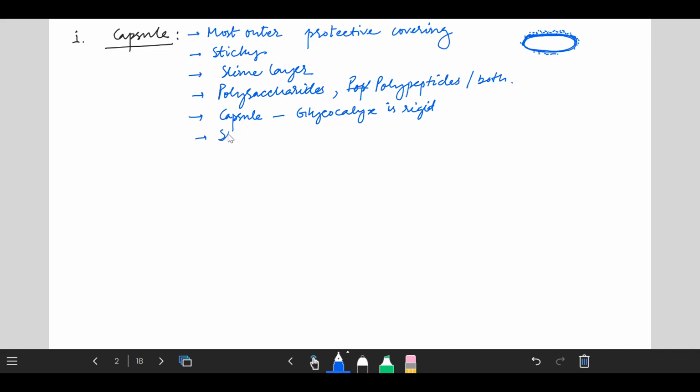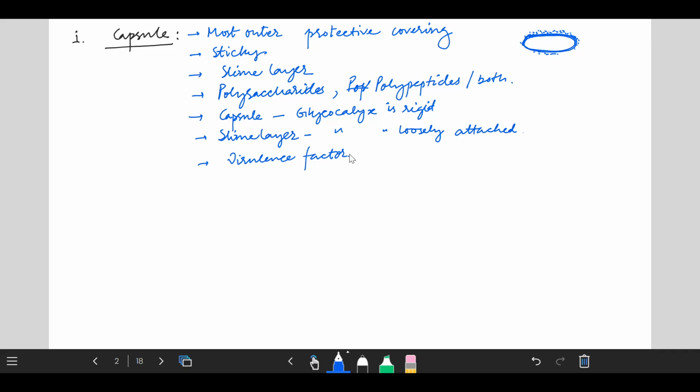So slime layer is when the glycocalyx is loosely attached. And this capsule is mainly responsible for the virulence factor of bacterial cells.